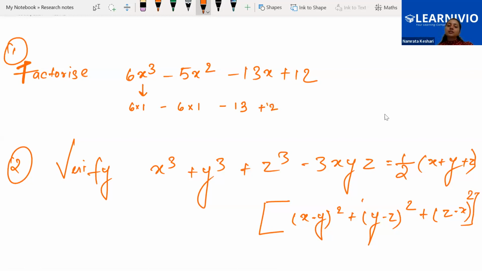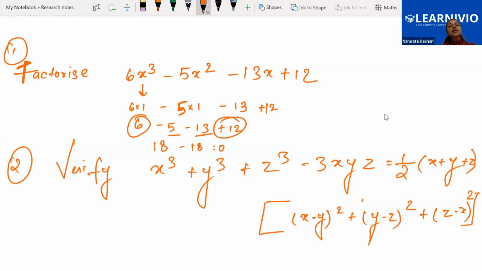Are we going to get 0? That's what I am checking. Here 5 is there, so 6 minus 5 minus 13 plus 12. 12 plus 6 is 18, 13 and 5 is 18. Yes, we are getting 0.